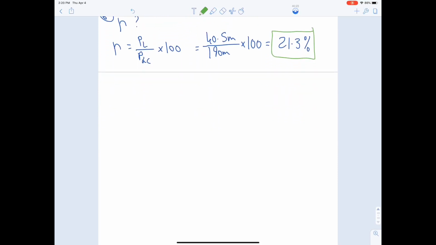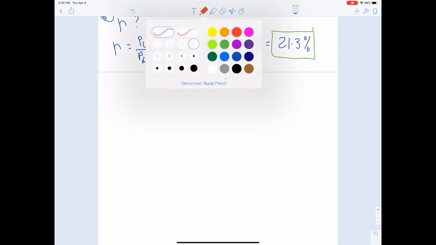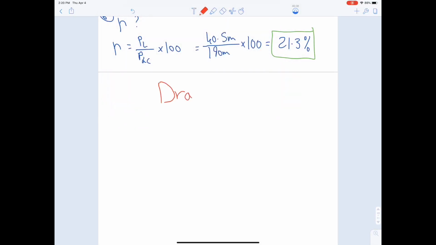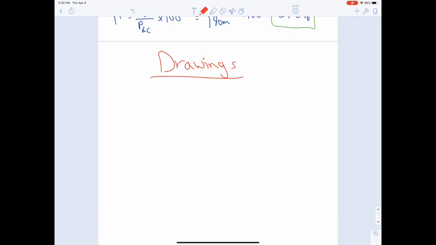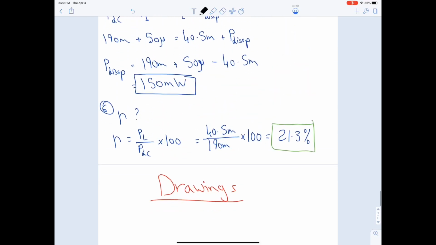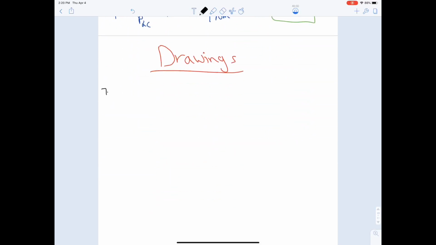Now let's practice some sketching, how to sketch waveforms and transfer characteristic based on this previous example that I just gave you. Drawings. Let's now practice the drawings. The last requirement was number 6, so let me continue to number 7.